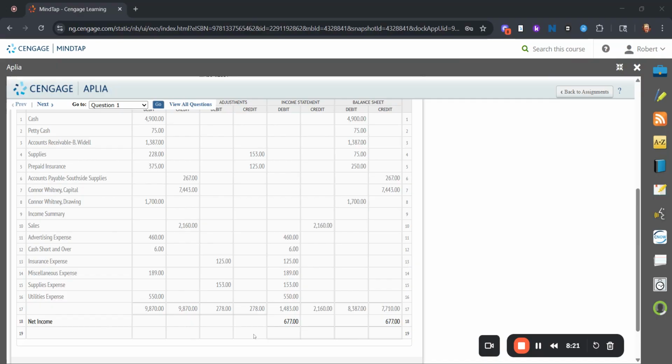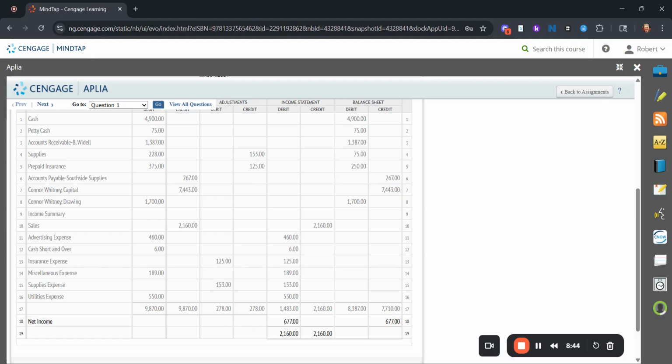So hopefully you're guessing this correctly. Obviously 1483 plus 677. That's how we got this to begin with, so subtracting it from the 2160. Well, that equals 2160. So now those columns balance.